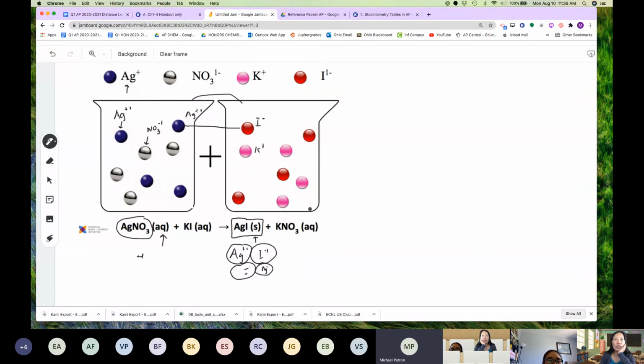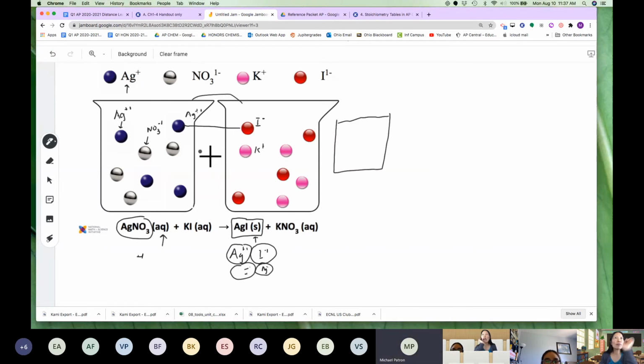Got that? So when you draw the beakers, I want you to do the following. Draw the first one. How many Ag pluses do you have? 4. Don't forget to put the charge, okay? How many NO3 minuses do you have? 4.